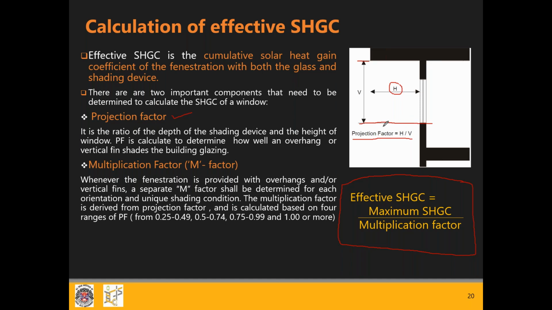The first step towards calculating the effective SHGC is finding the projection factor if there is any shading. If there is no shading at all, then you just take the SHGC of the assembly that is provided by the manufacturer, right?